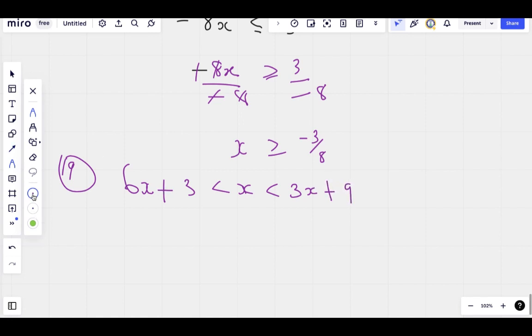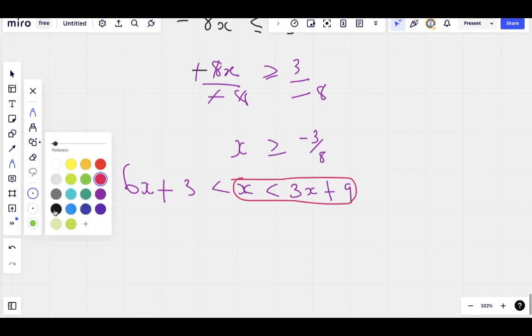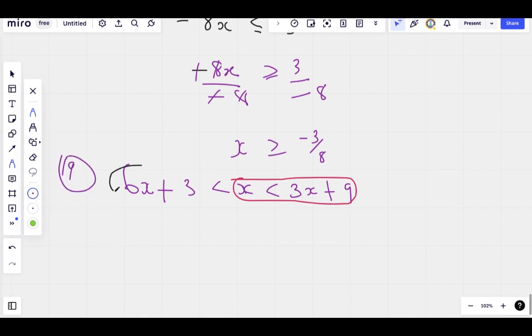So like I said, we split. This is the last one, please pay attention. We split it into two inequalities. So we do them one after the other.